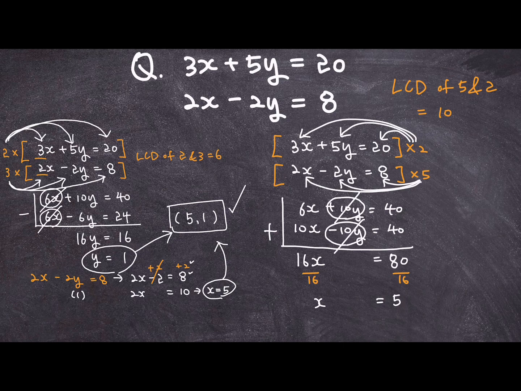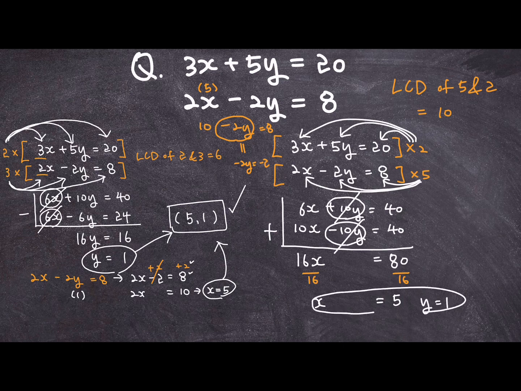And if I go back to my first original equation and substitute the value of x there, I will get the value of y. So if I substitute 5 here, I get 10 minus 2y is equal to 8. Minus 2y is equal to minus 2, y is equal to 1.